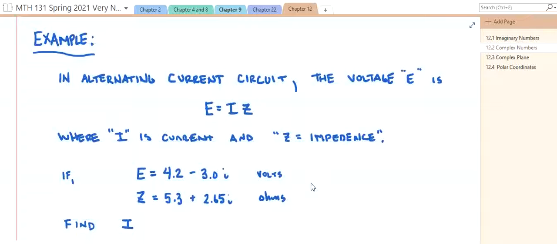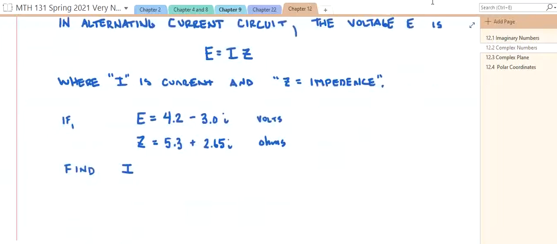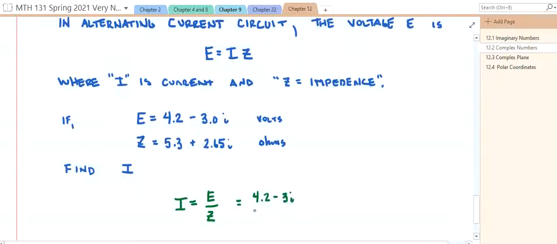Now, if we're given the voltage as this complex number and the impedance as this complex number, let's find I. Well, we see with some algebra that I equals E over Z, which means I is going to be 4.2 minus 3i over 5.3 plus 2.65i.